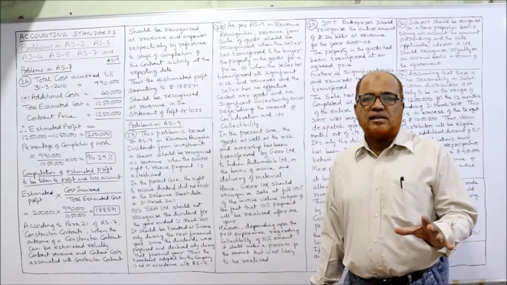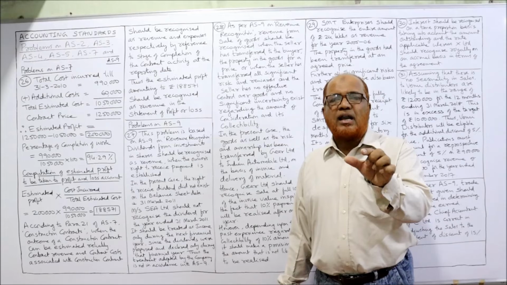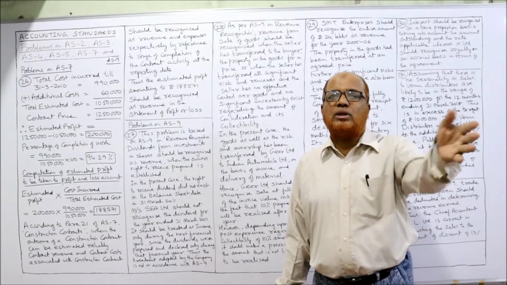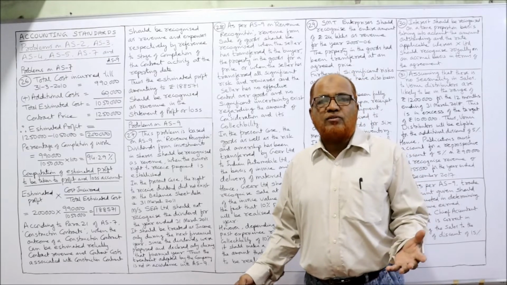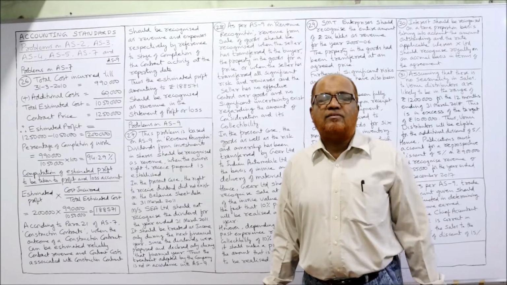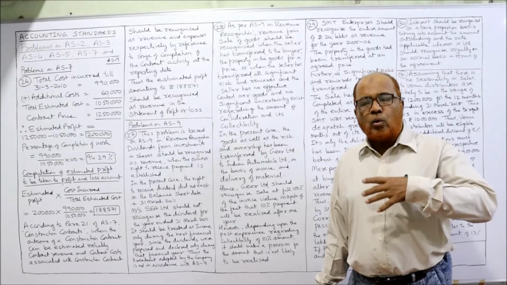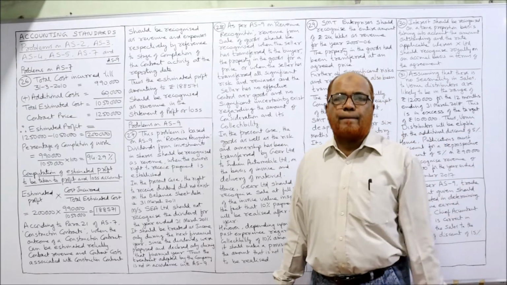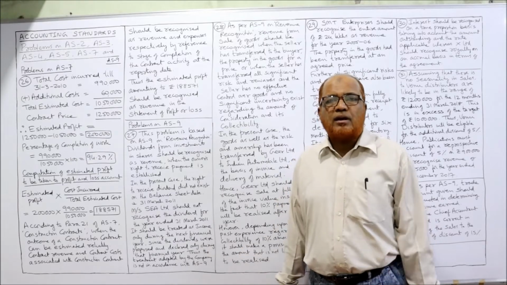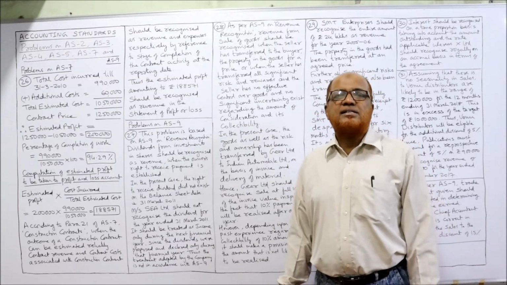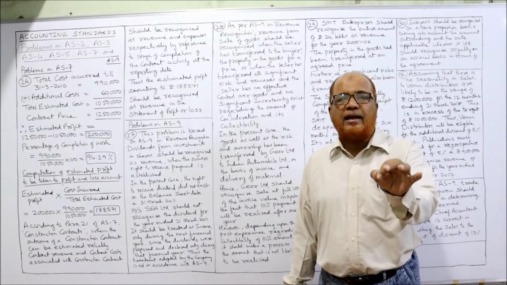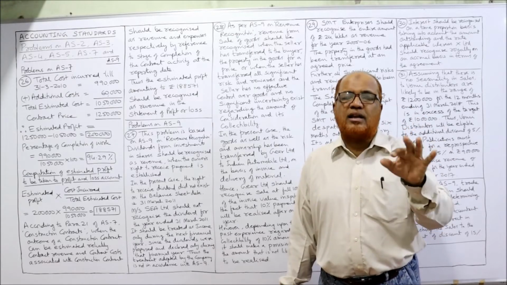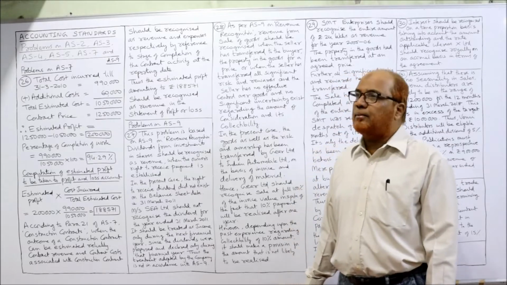AS 9 says the revenue should be recognized when the ownership is transferred from the seller to the buyer, irrespective of whether the full amount is received or not. If the seller has transferred the significant risk and return to the buyer, then the revenue should be recognized. So Gear Limited's contention that it will account only 90% is wrong. 100% should be recognized by Gear Limited.